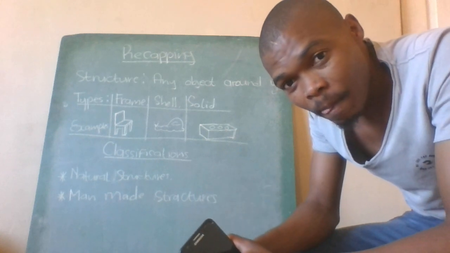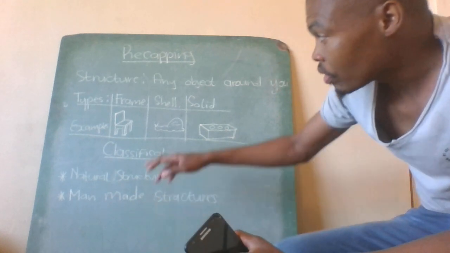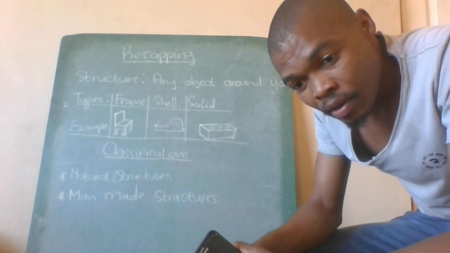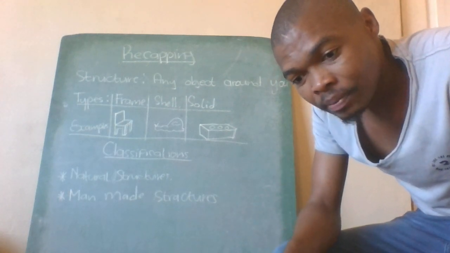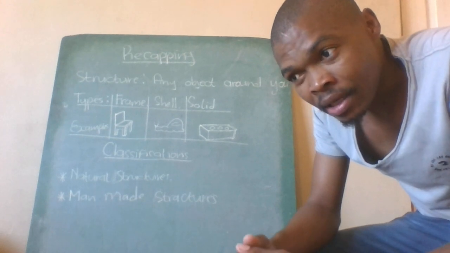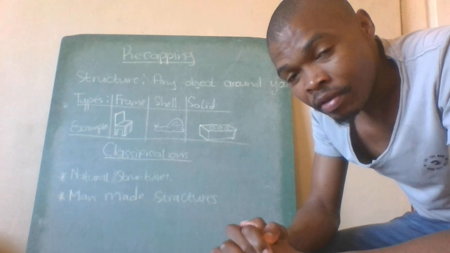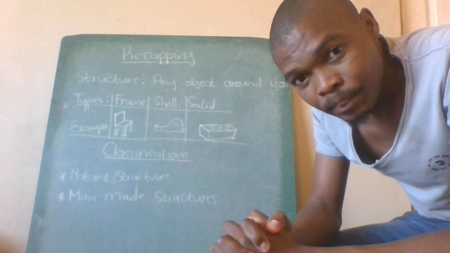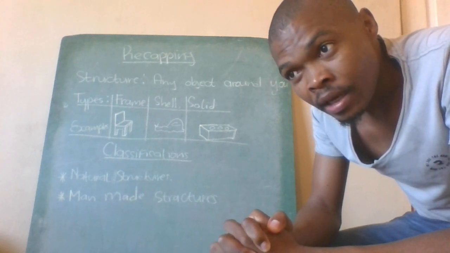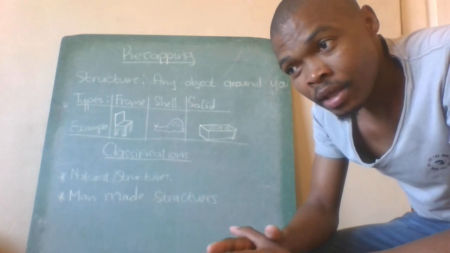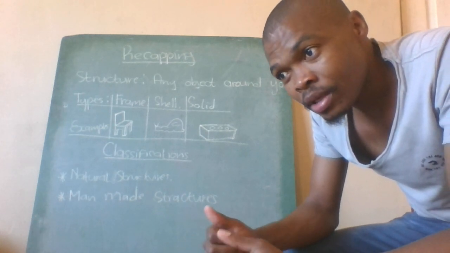And then we moved on to speak about the solid structure, where we said a solid structure is marked by ability to be very strong and rigid. And if you remember about the three phases of matter, you will remember that we've got solids, liquids, and gases.